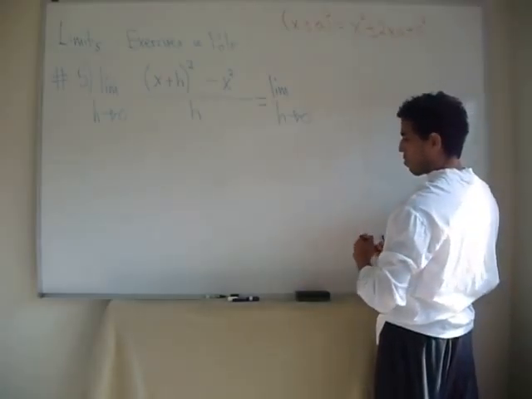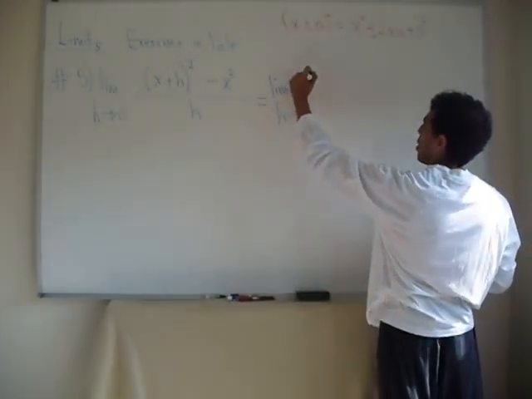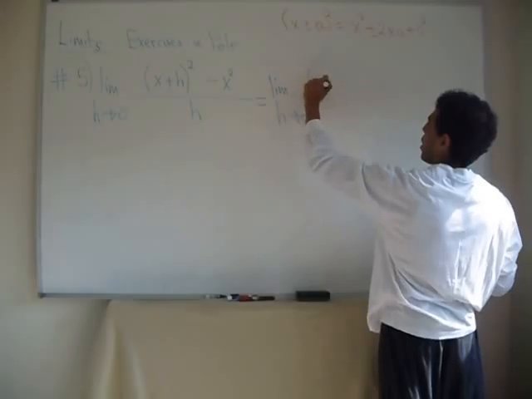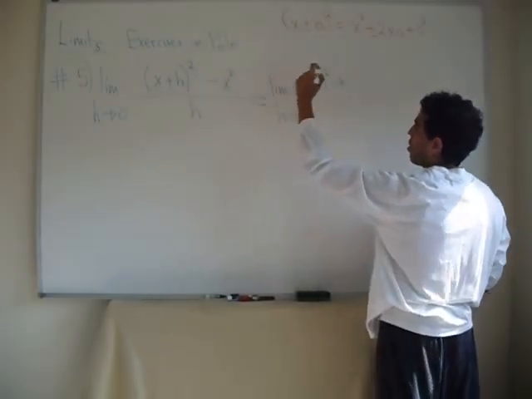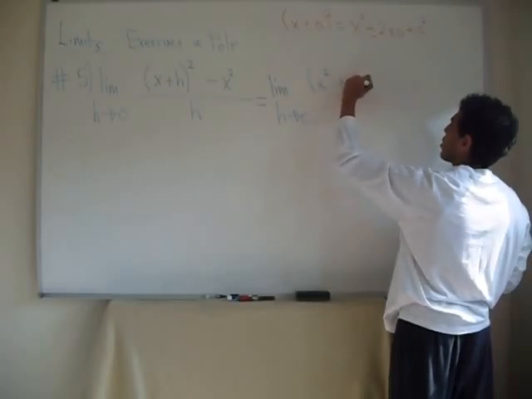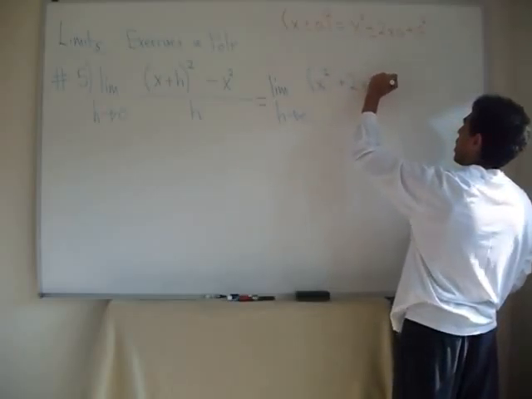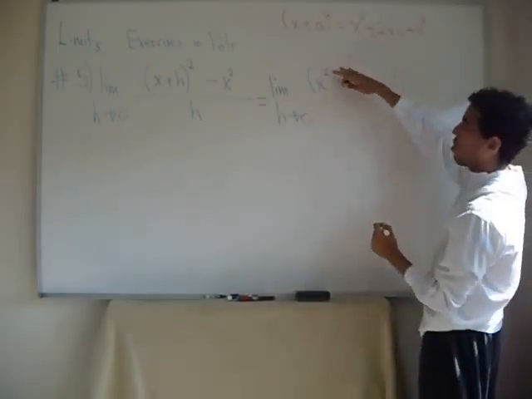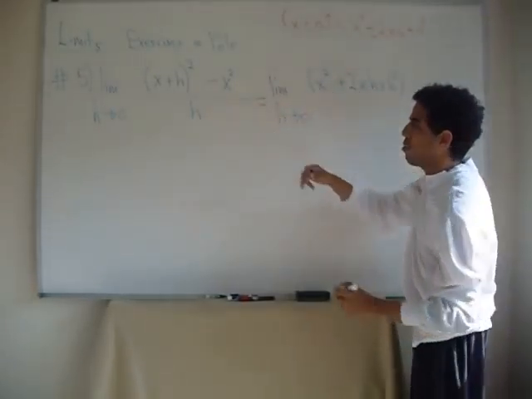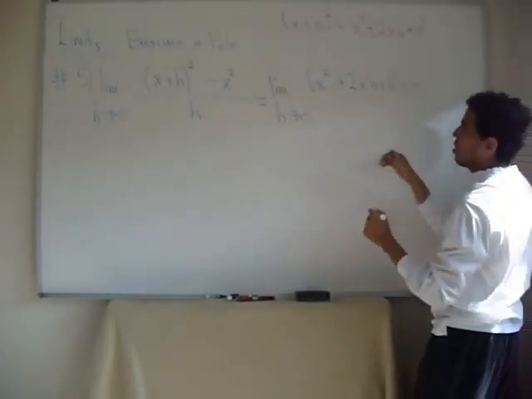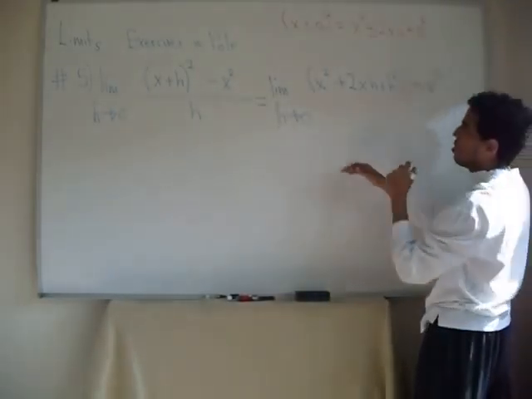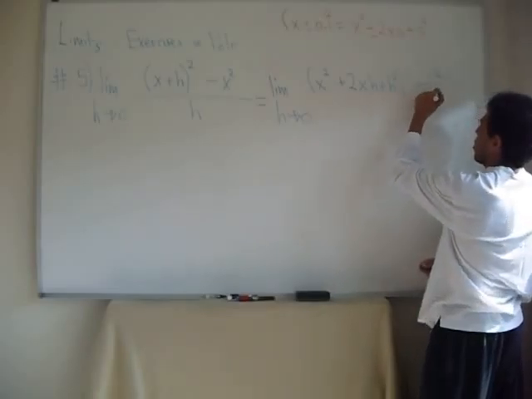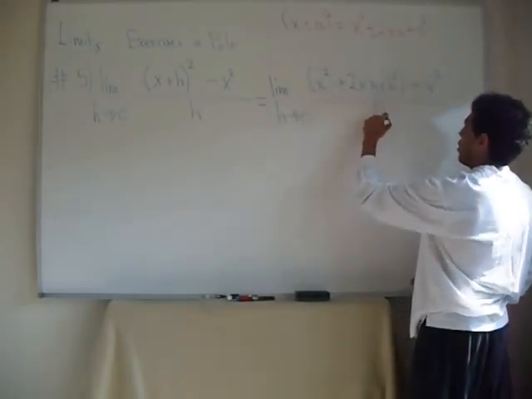So in this case, I'm going to end up with x squared plus, because it's a plus sign right here, 2xh plus h squared. Okay, it's the same property, only for that expression. Minus x squared, this x squared right here, over h, okay?